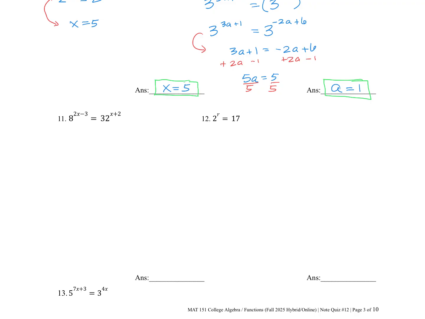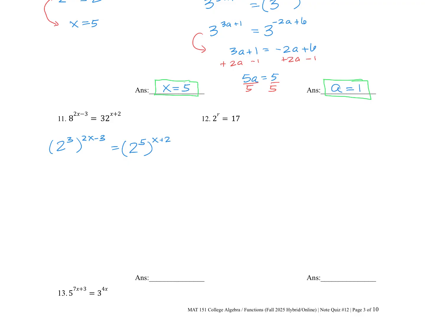Instead, the idea is to rewrite these both as powers of 2, because 2 cubed is 8, and 2 to the 5th is 32. So for the first one, this is actually 2 to the 3rd power raised to the 2x minus 3 power. And the other side, the right side, the 32, is 2 to the 5th raised to the x plus 2 power.